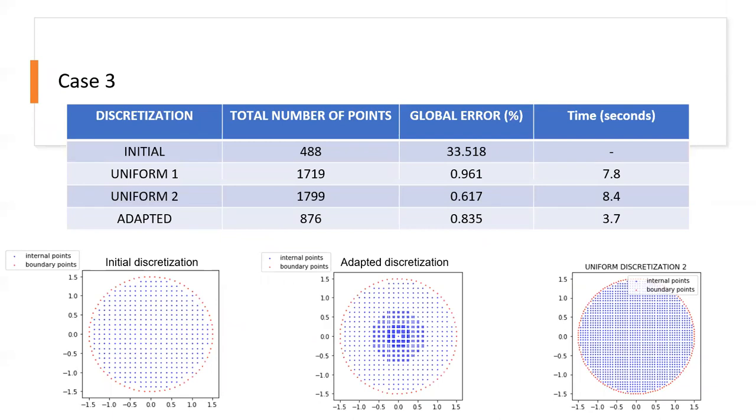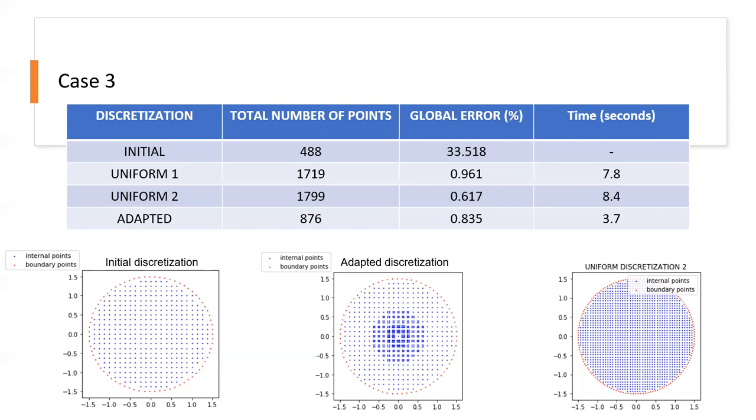Here we can see that the adapted solution with 176 points has an accuracy between 1,719 and 1,789 points of the uniform discretization. Note the adapted discretization here in the circle. Approximately 51% of the number of points in the reference uniform distribution was used in the adapted discretization to obtain a similar precision to uniform 2.